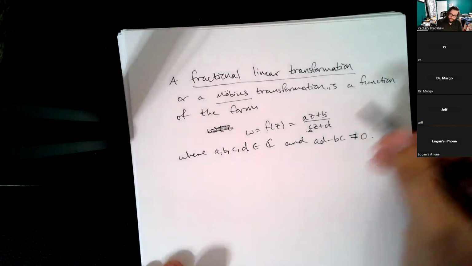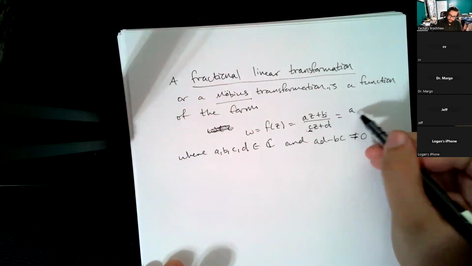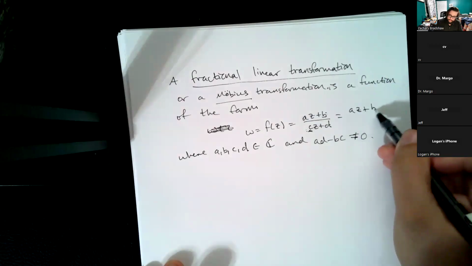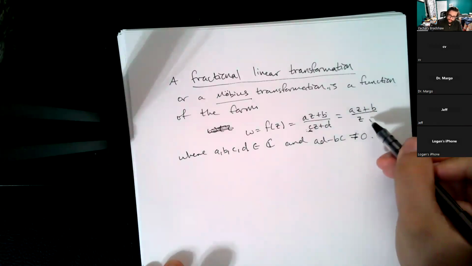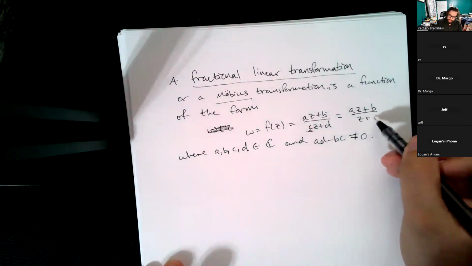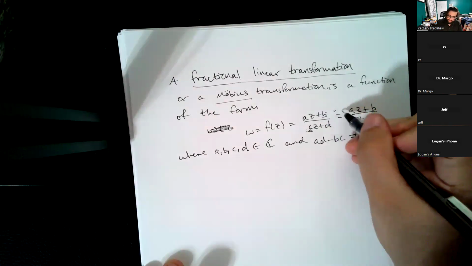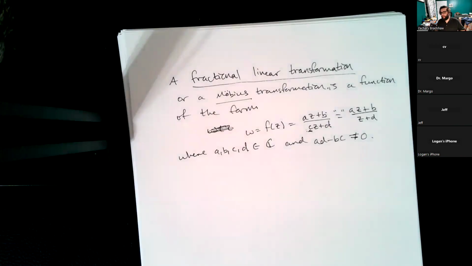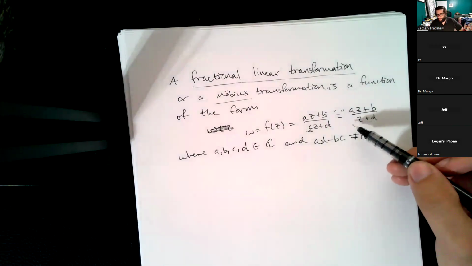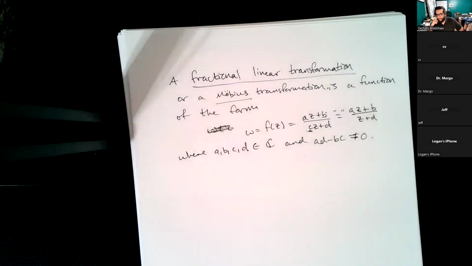And my point is that we might as well have written az plus b over z plus d. Because the c is, I don't want to say redundant, we can always get rid of the c, right? Just by dividing it out. So we might as well just set c equal to 1.